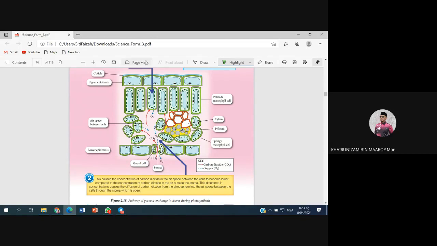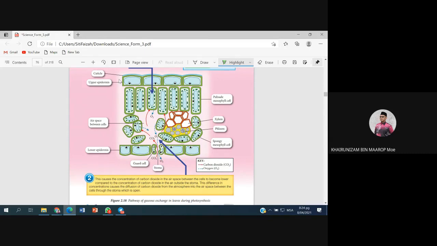Because of what? The cuticle is daun yang terdedah dengan cahaya matahari. So this cuticle is to cover the leaf.